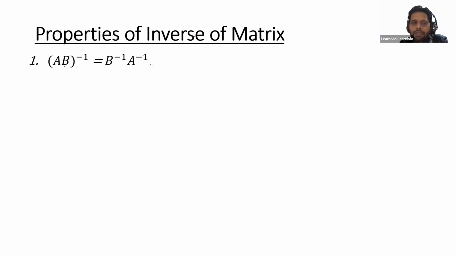The first property is (AB) inverse is equal to B inverse A inverse. If you are finding the inverse of AB, that will be equal to B inverse A inverse. That's opposite. It is not A inverse B inverse, it is B inverse A inverse. Please note down this property, and Noma, Yashika and Uneep, please confirm once it is done.